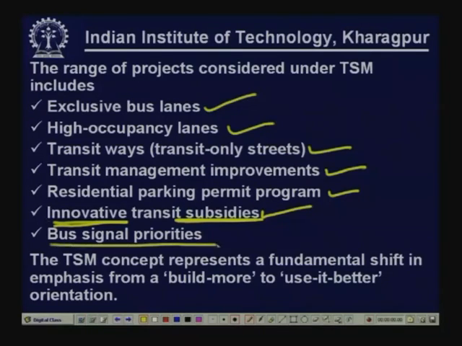Then bus signal priorities. You can see that the majority of these projects are intended to encourage the use of mass transportation systems, either directly or indirectly, so that people use more mass transportation rather than their own personal vehicles.